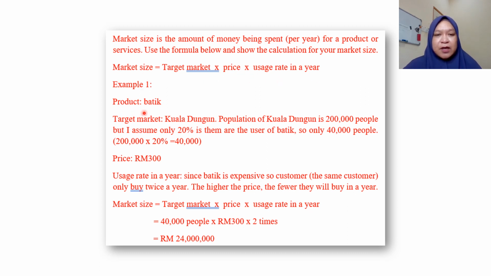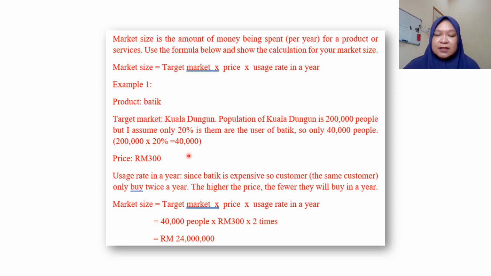Example 1, we have the product batik. The target market is Kuala Lumpur. Let's say that the population of Kuala Lumpur is 200,000 people. But I only assume that only 20% of them are users of batik. Not all the 200,000 people will buy the batik, but only 20%. So 20% equals 40,000 people.